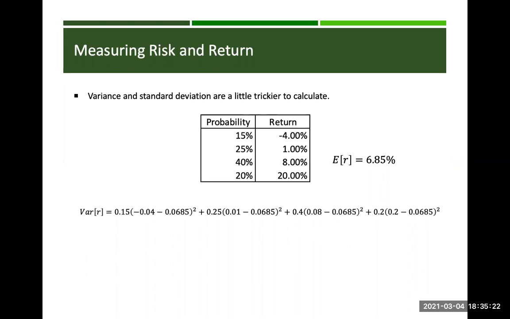So 15%, the return is -0.04. The expected return is 0.0685. So the distance between -0.04 and 0.0685 is -0.1085. You know, -0.04 minus 0.0685.